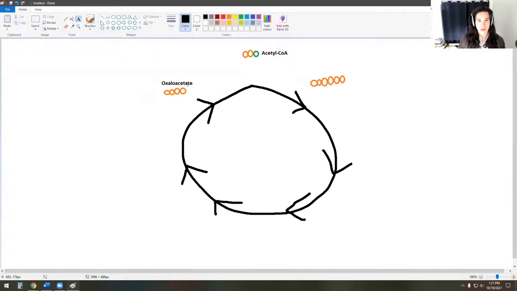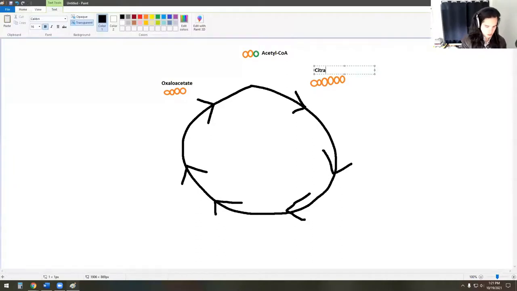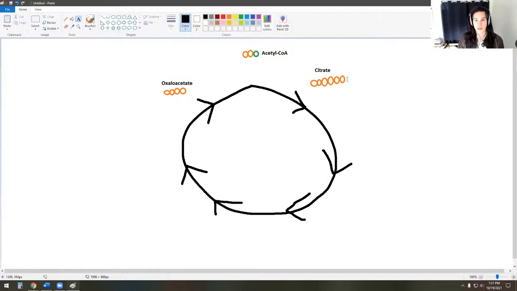And acetyl-CoA is fused with oxaloacetate to form citrate or citric acid. And then you get the shuffling of atoms, you get the release of CO2, you have the production of some ATP. And importantly, you get the production of a lot of NADH and FADH2, which you bring to the electron transport chain. So I'll draw an arrow.